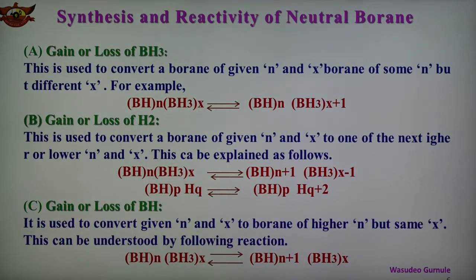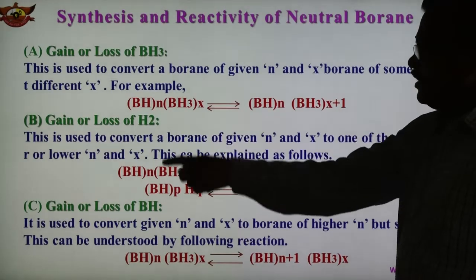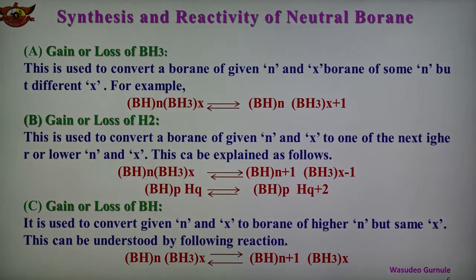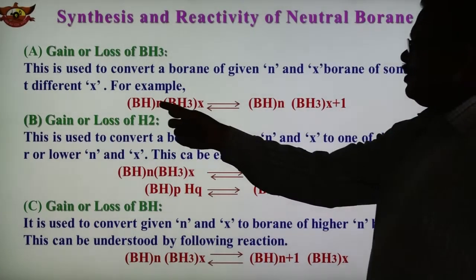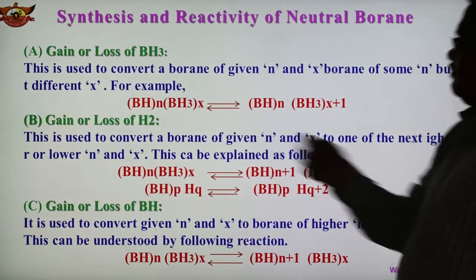Now in case of synthesis, different routes are there, and there are 3 ways: first, second and third. The first is gain and loss of BH3. This synthesis route is used to convert a borane of given N and X to a borane of the same N but different X. For example, here we have BHN, BH3X.